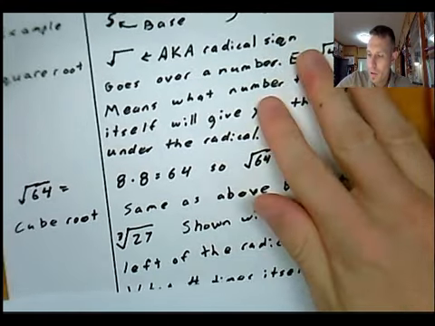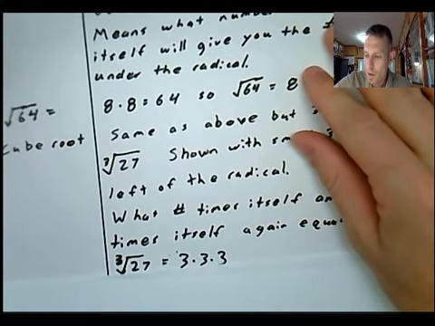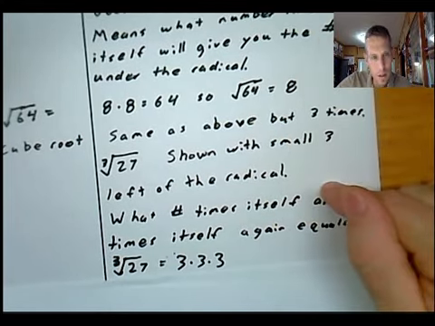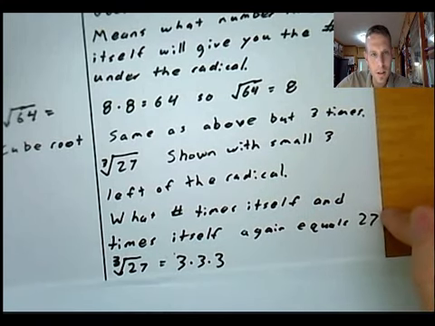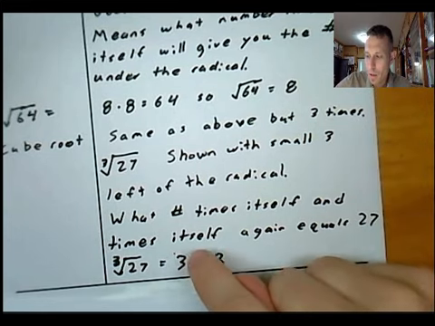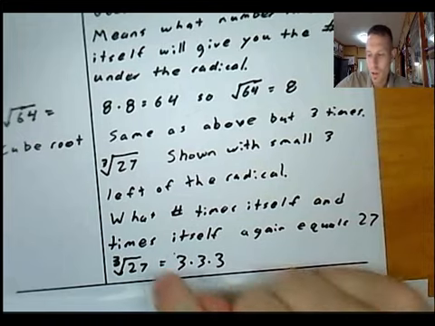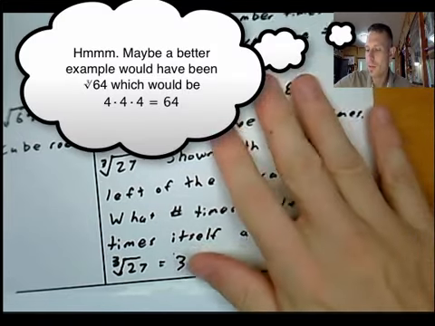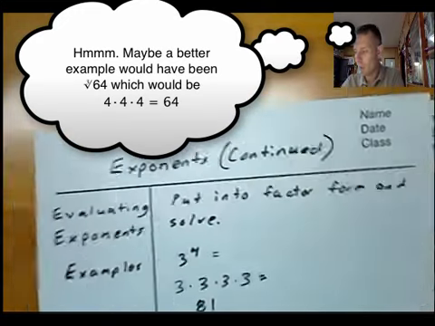And what you have to think is, what number times itself and then times itself again equals 27? It gets a little difficult, but we know that 3 times 3 times 3 will give us 27. So that's just a little vocabulary. Let's get on to the exponents now.